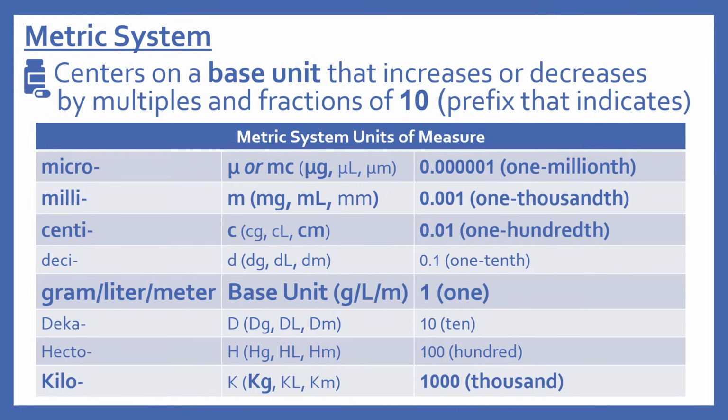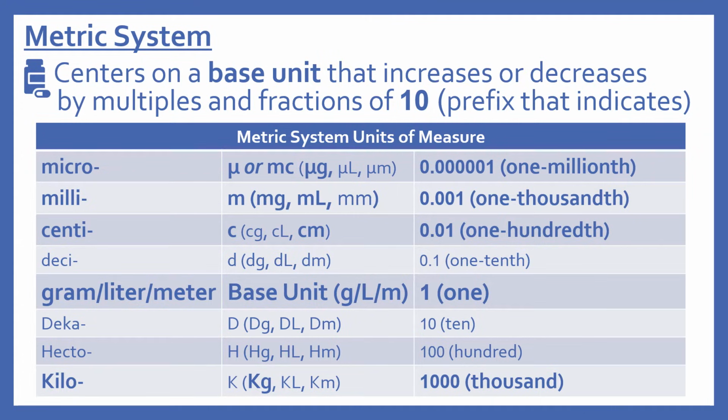Now we'll look more at the metric system. It centers on a base unit that increases or decreases by multiples and fractions of 10. And there's a prefix that indicates its relationship to the base unit. And that's the main thing to look at with this chart, is to know the relationship between the prefix and the base units.